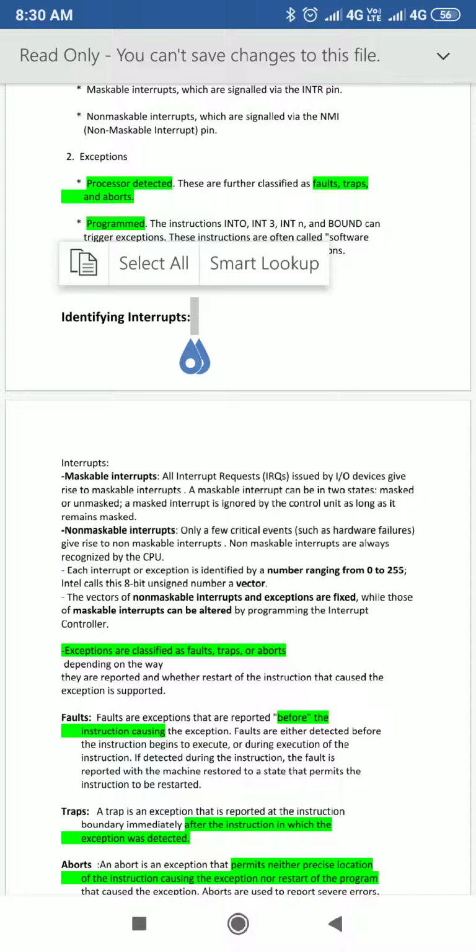And the next step is that after servicing the interrupt, the processor will resume its normal execution. This is how we can identify interrupts. On a priority basis, we always serve the interrupt request first.